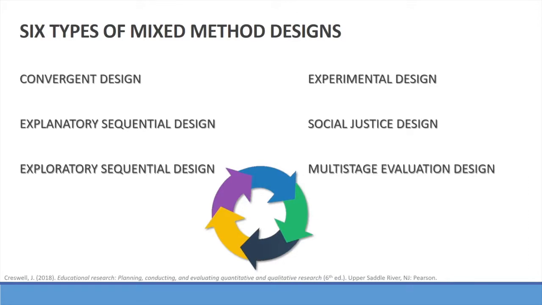Multi-stage evaluation design. Like the social justice design, the multi-stage builds on basic convergent, explanatory, and exploratory designs. Multi-stage evaluation designs are mixed method designs that are used when the researchers seek to evaluate the impact of a program or project.